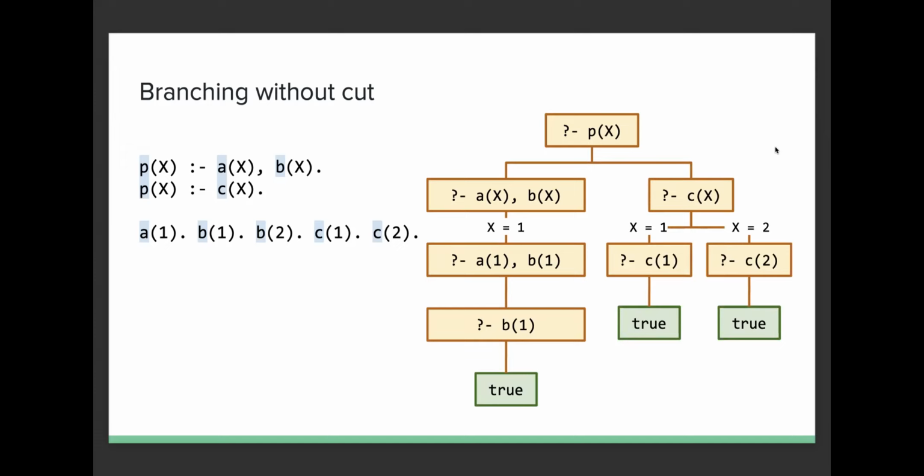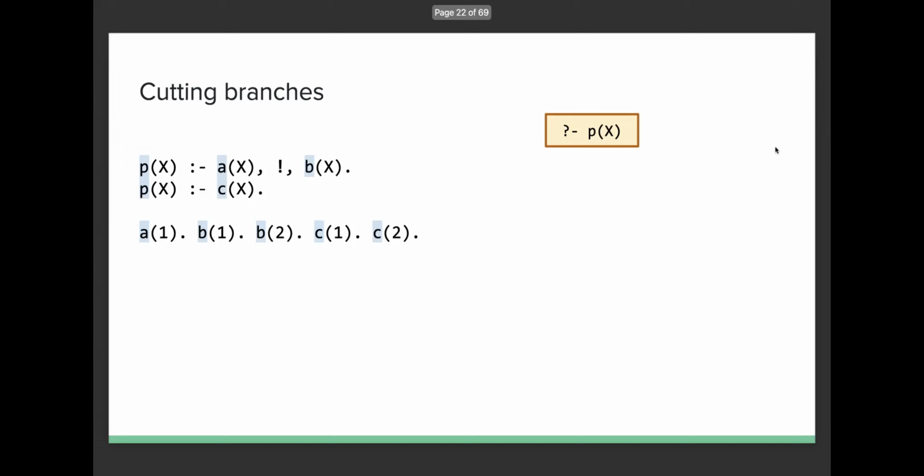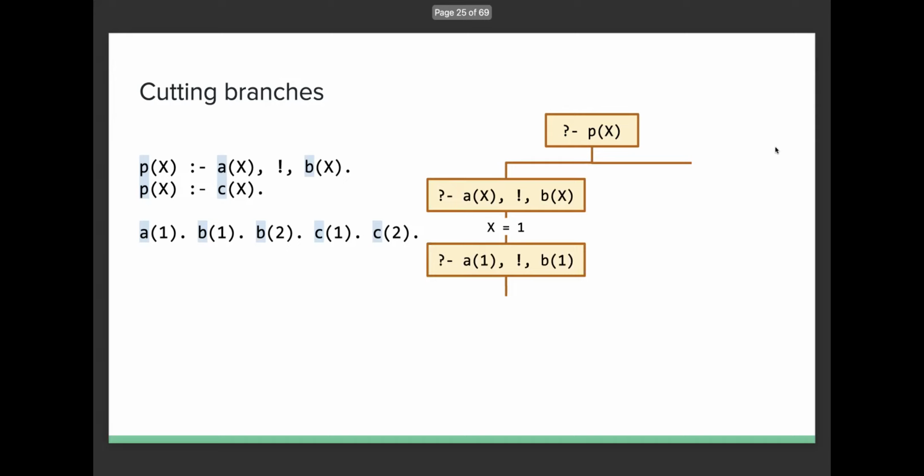This is the tree. What happens if we place the cut operator? Up until we reach the cut operator, the picture is exactly the same. We want to figure out A of x. A of x can be true if x is equal to 1. Here's our variable substitution. We'll reach the cut operator, and at this point, we commit all of the choices for variables that we've made up until this point.